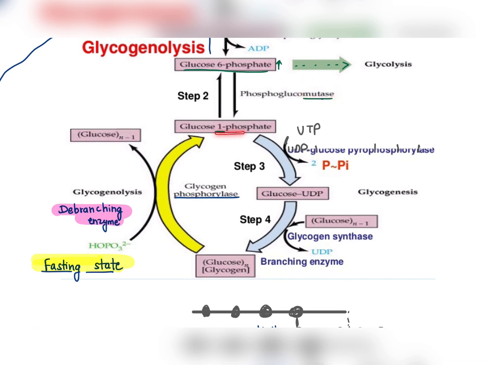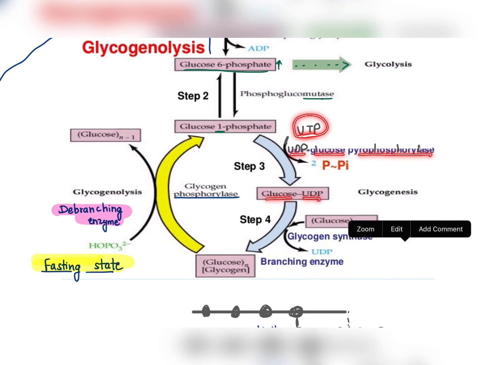Now when glucose 1-phosphate is formed, it gets combined with UDP, from uridine triphosphate, with the help of UDP glucose pyrophosphorylase, to form UDP glucose. It already has one phosphate at position 1, then another phosphate is added, so it is a diphosphate. From here, two phosphates are left, forming pyrophosphate.